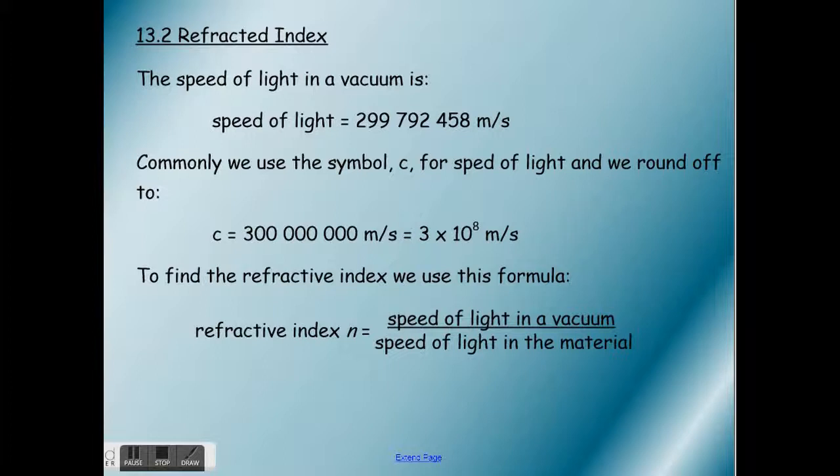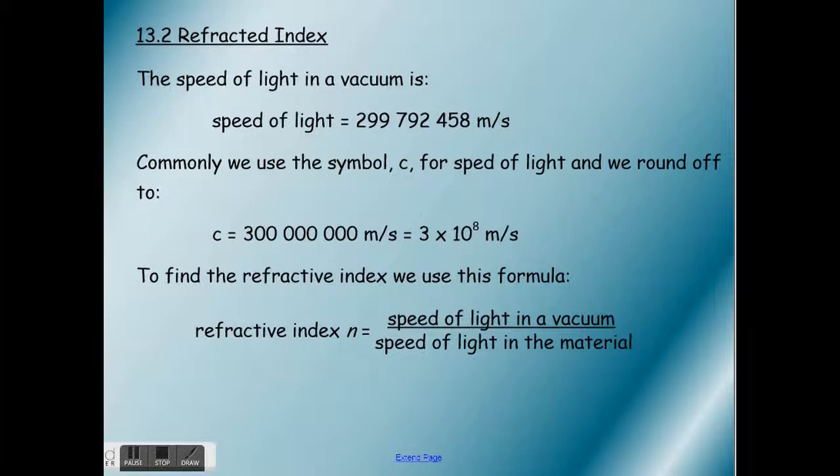To find the refractive index, we use the formula: the refractive index n is equal to the speed of light in a vacuum divided by the speed of light in the material. Now, we know the speed of light in a vacuum, but these other two we don't necessarily know. If I asked what's the speed of light in water, you probably couldn't answer right away.